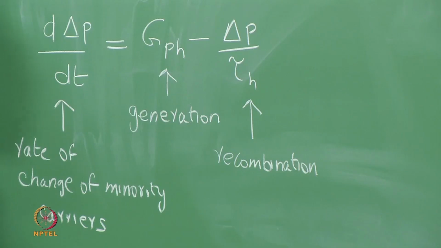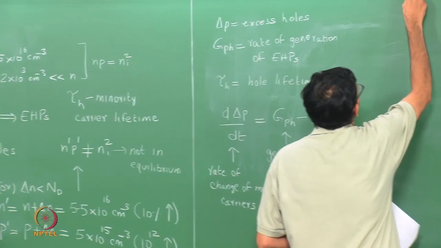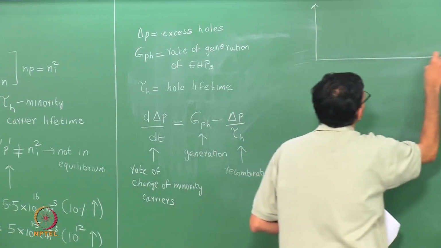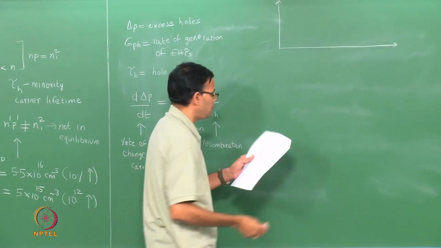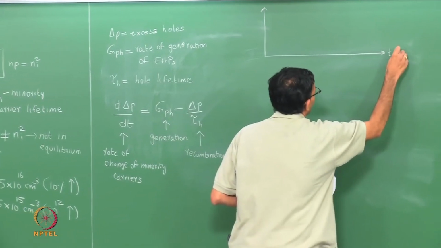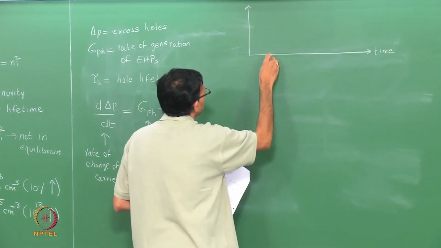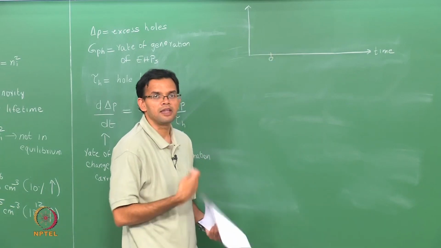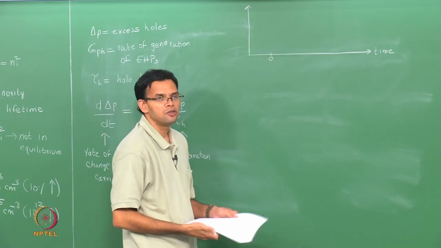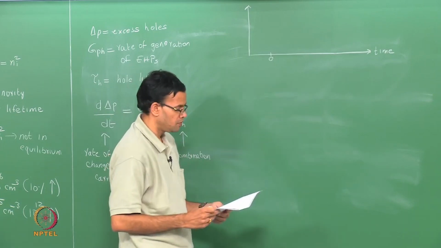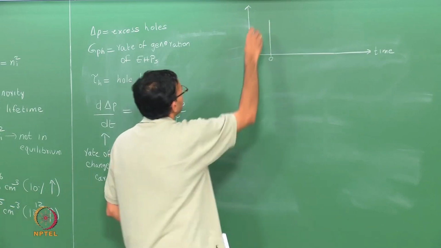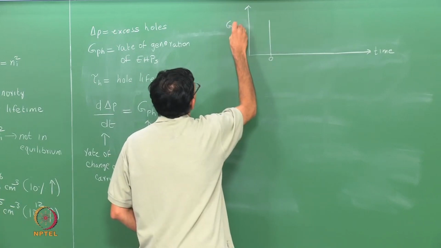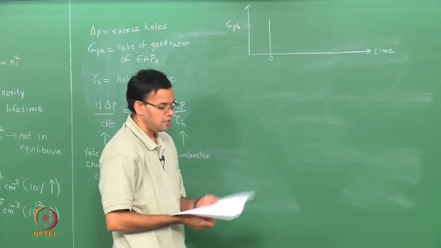So let us consider an example in order to understand this better. Consider a case where I have an n type semiconductor in equilibrium. This is time on this axis. I am shifting the 0 slightly to the right so that we can look at things more clearly. So you have a system that is at equilibrium. At time equal to 0, we turn on the light so that we have some electron hole pairs being created.